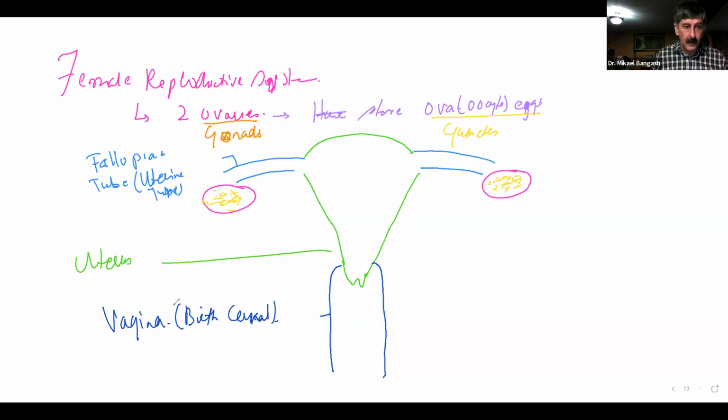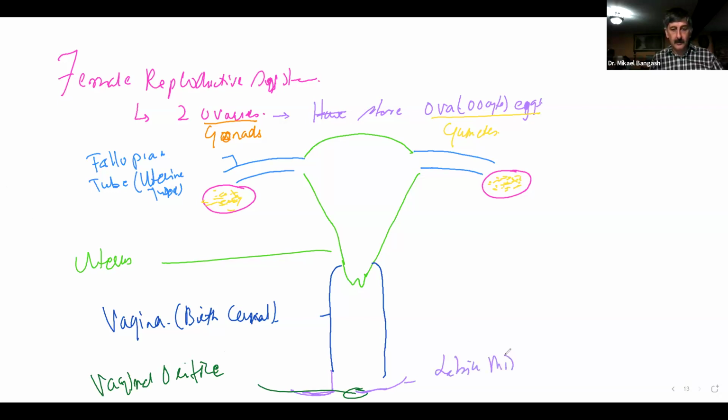And this vagina or birth canal is mainly going to open up where we refer to the vaginal orifice, which means the opening of the vagina, which at either side is going to have the small lips, the labia minora.